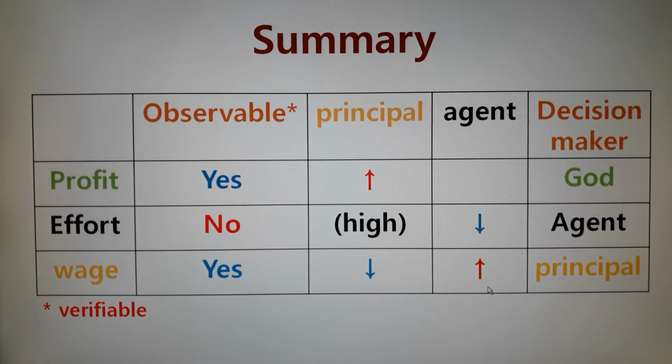What about the agent? Oh my God, why am I working for Yonsei University? Not because I love the students, not because I love working. I want to get paid. So I spend the rest of the month waiting for just one day, the 15th of every month, to get paid. Okay, so the agent wants the wage to be as high as possible.